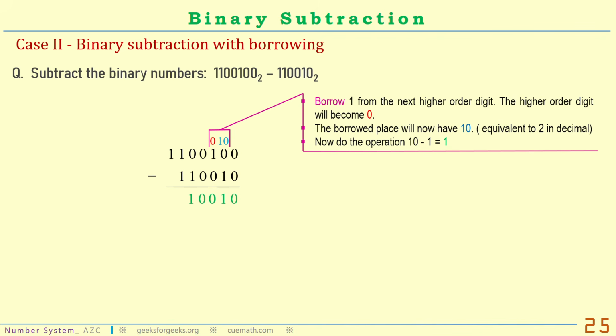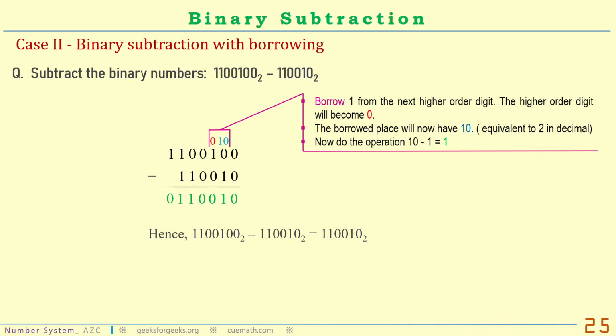So it borrows 1 from the higher order digit. So 10 minus 1 is 1. Next is 0 minus 0 is 0. Hence the answer for this subtraction is 1 1 0 0 1 0.